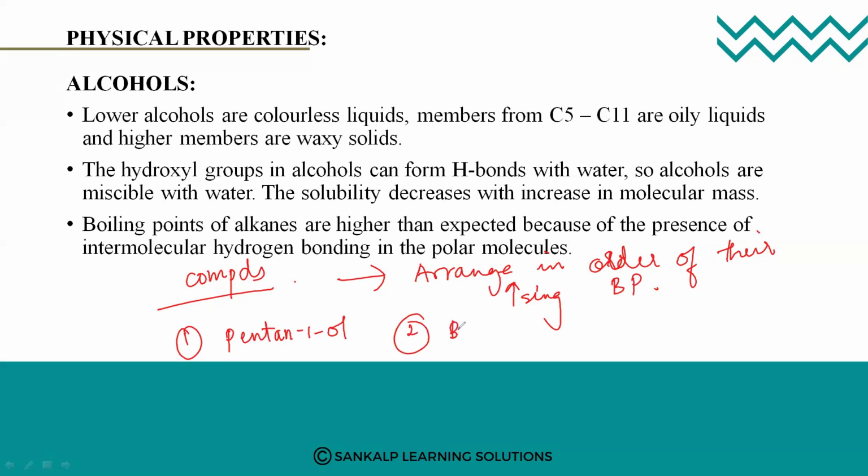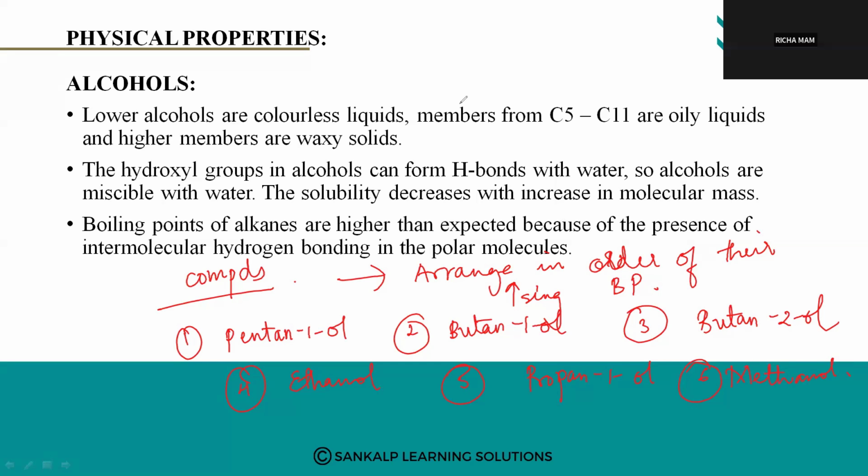Second one is butan-1-ol. Third one is butan-2-ol. Fourth one is ethanol. Fifth one is propan-1-ol. Sixth one is methanol. Is it clear? So now tell me, how will you arrange these compounds in the order of their increasing boiling points?